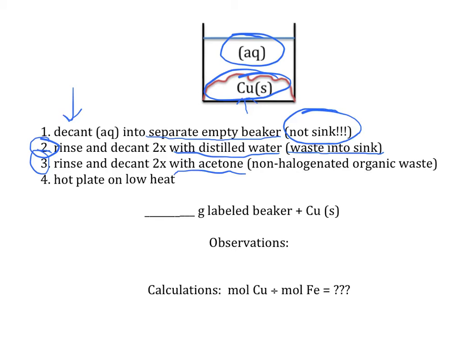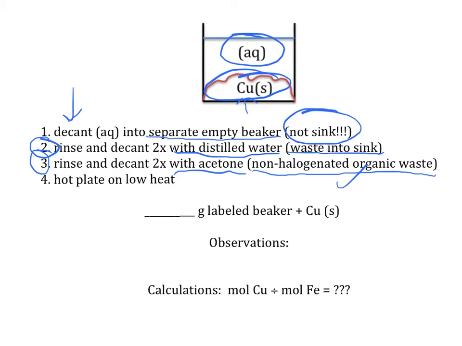And the waste that you decant, the acetone waste, this time you don't want to go into the sink, you want to pour it into the non-halogenated organic waste jar. So very important that acetone and any other organic waste doesn't go down the sink, but into the non-halogenated organic waste.